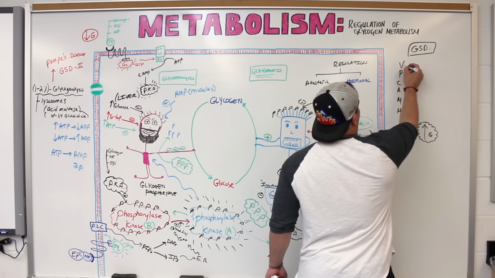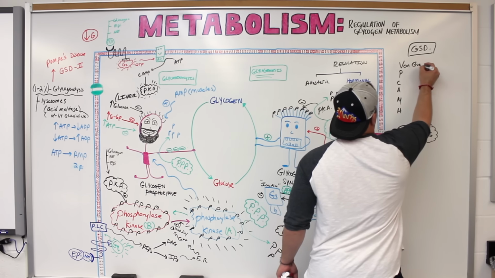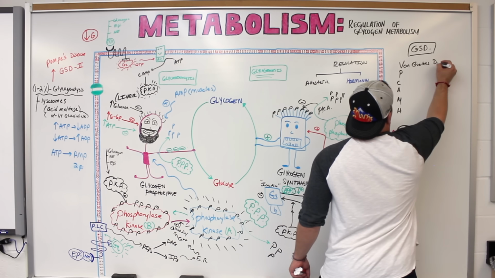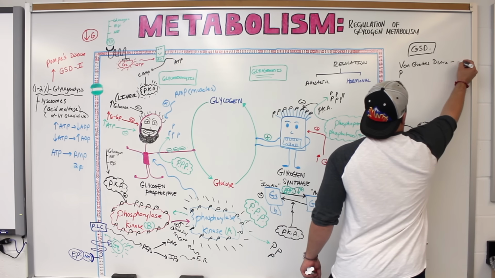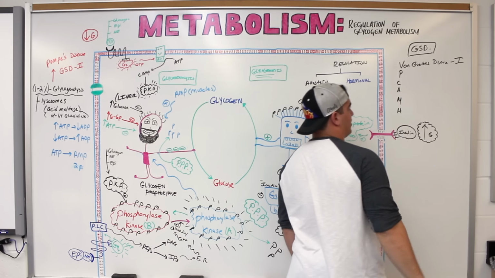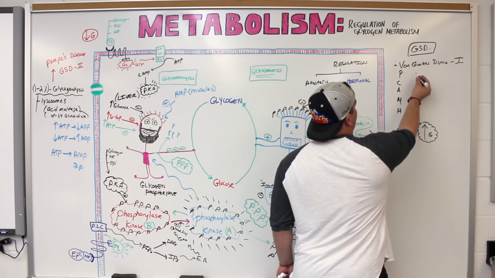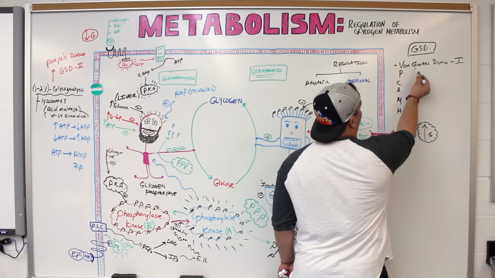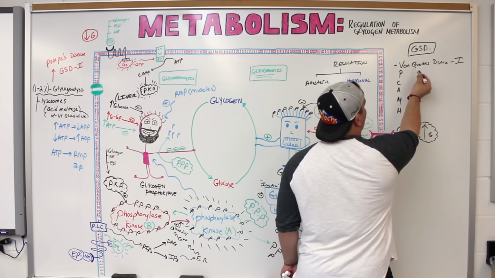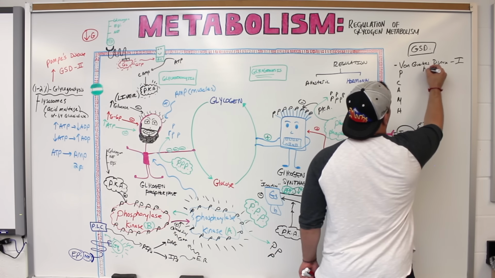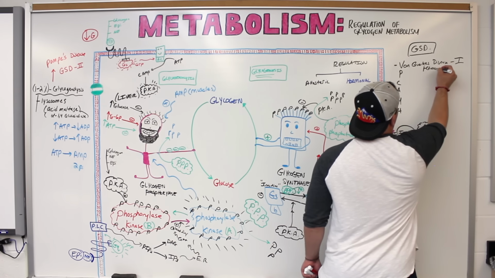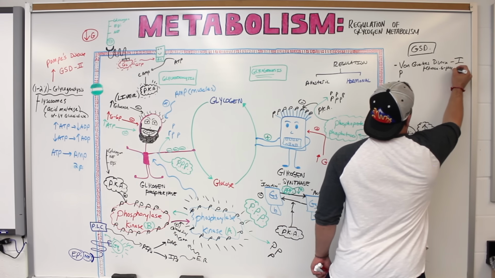One of them is going to be von Gierke's disease. And von Gierke's disease is type 1 glycogen storage disease. In this glycogen storage disease type 1, you're lacking a specific enzyme. That enzyme is called glucose 6-phosphatase.